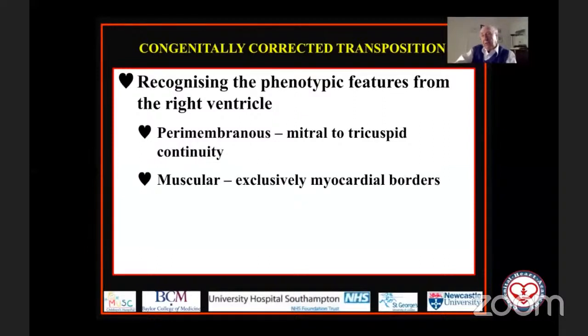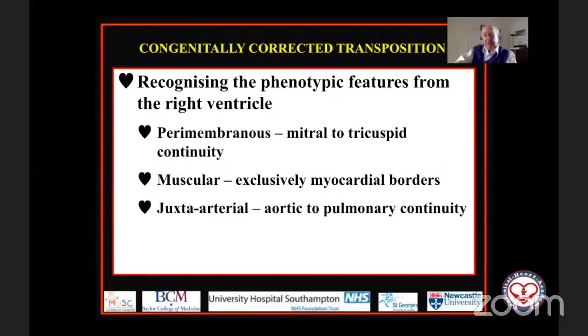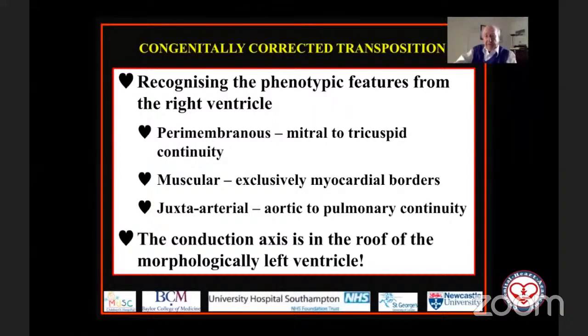Those, as viewed from the right ventricle, that are muscular, will have exclusively myocardial borders. And then again, those viewed from the right ventricle, in which the defect extends such that there is fibrous continuity between the aortic and pulmonary valves, will be juxta-arterial.